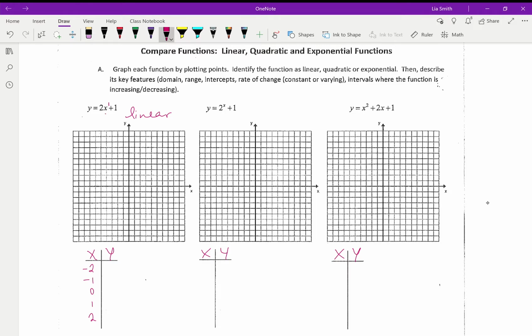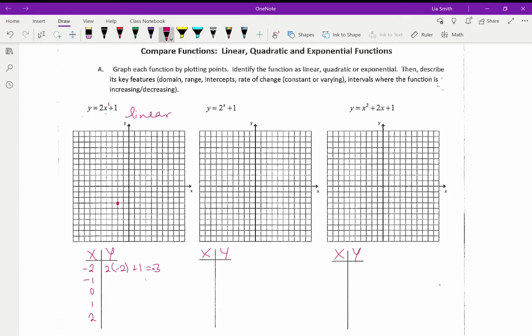So I get 2 times -2 plus 1. I type that in my calculator, and I get 2 times -2 is -4, -4 plus 1 is... no, that's not right. It's -3. So I go over to my graph, over 2, down 3.